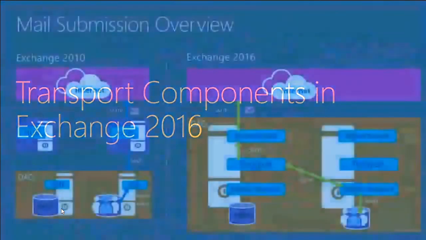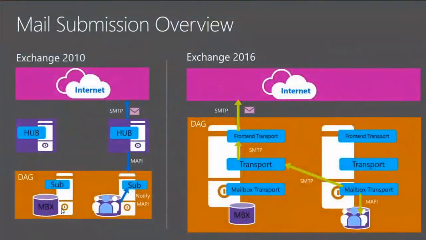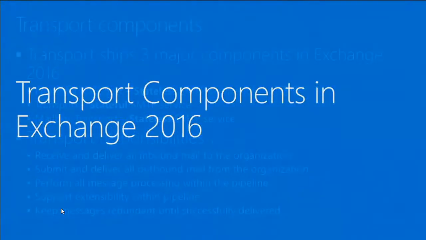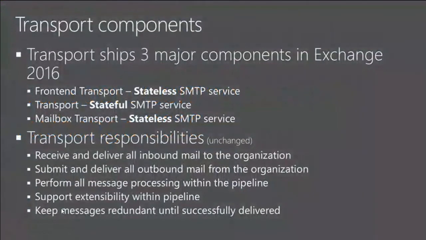So the three components that I'm going to dive deeper into in the next slides are front-end transport, transport, and mailbox transport. Of the three components, the transport service is the only service that is stateful.